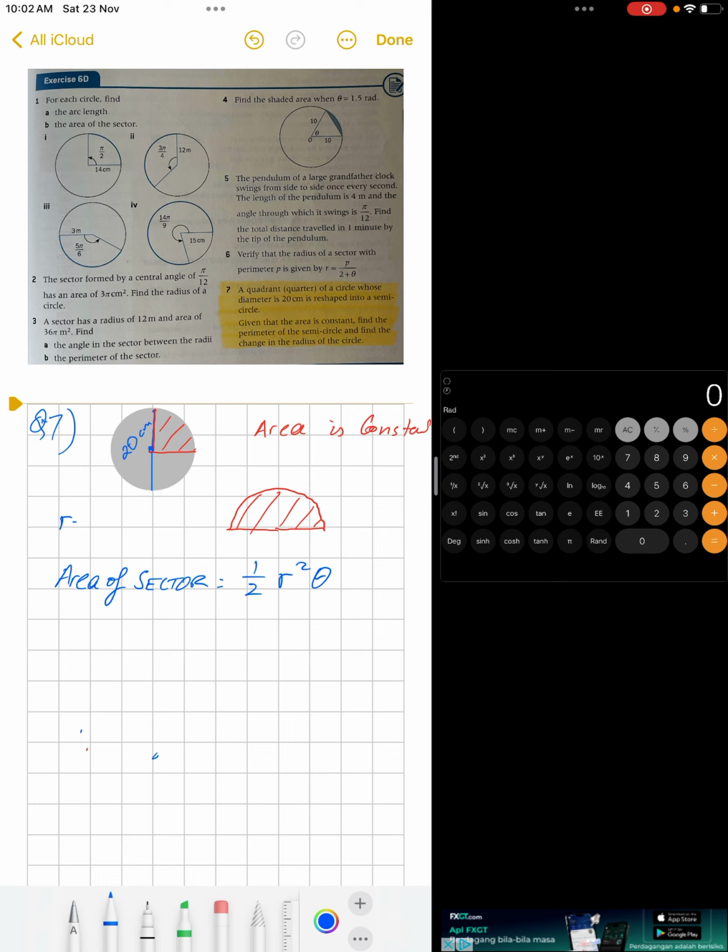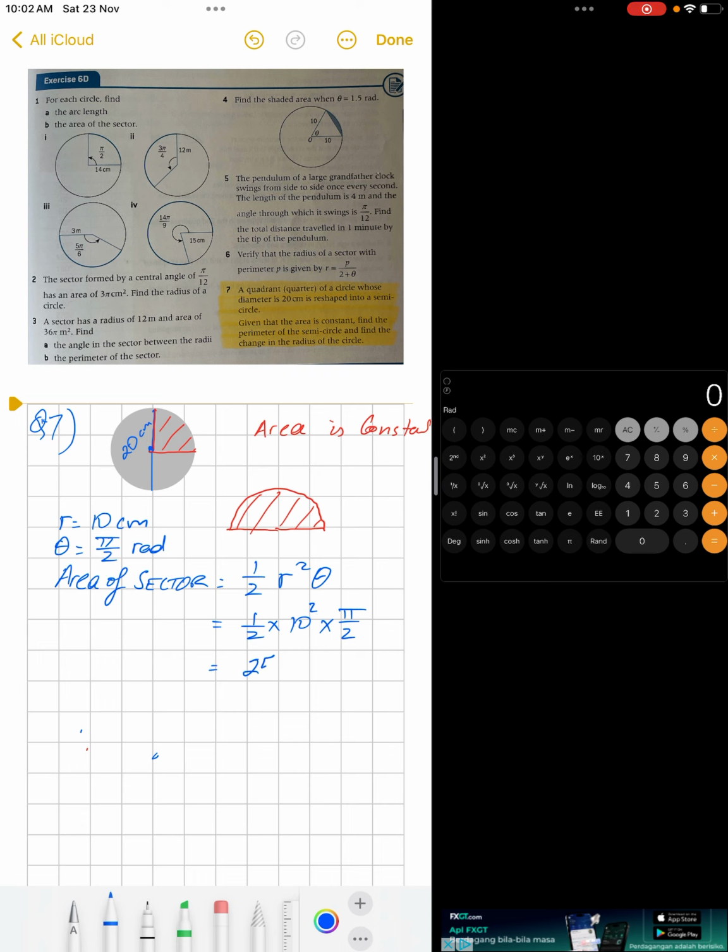Now r is the radius, which is only 10 centimeters, and theta, for a quadrant, is pi on 2 radians.